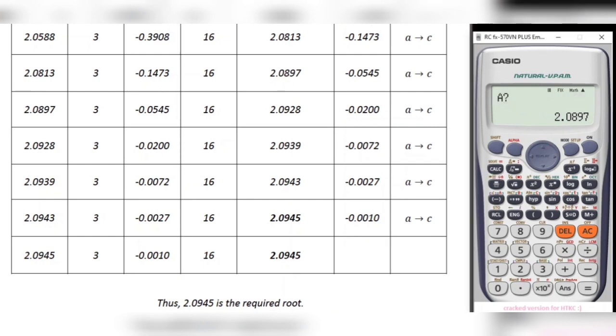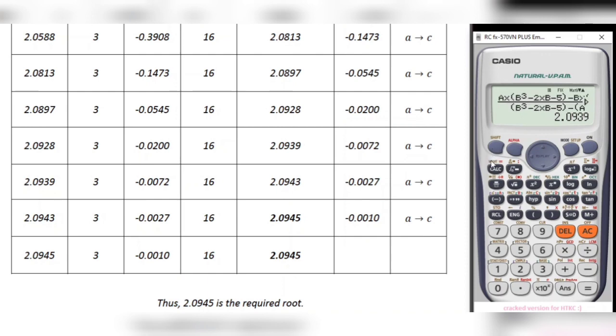Press calc, 2.0928, equals, you get 2.0939. Press up arrow, press equals, you get f of c minus 0.0072. Change a to c.